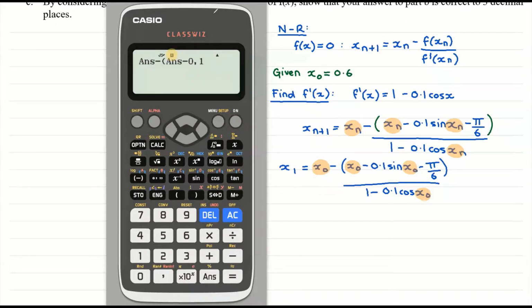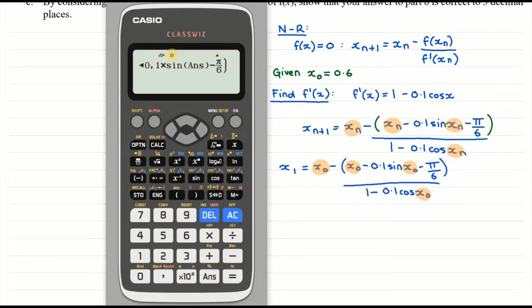All right, let's continue. So 0.1 multiplied by the sine of the answer. And then subtract pi over 6. Just come out of that and then close that bracket. So that's the whole numerator done.